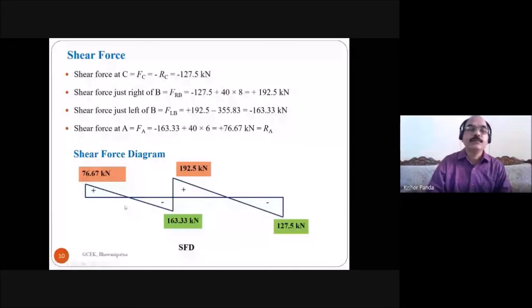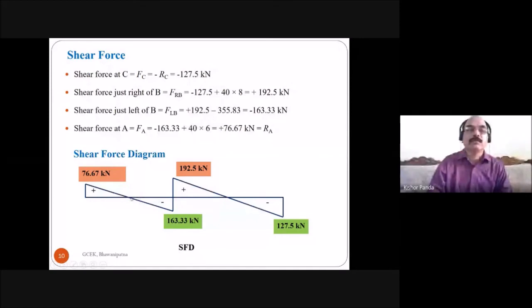This distance you can find out by taking the similar triangle, because these two angles are the same. If you take this as x, this length is 6 minus x.